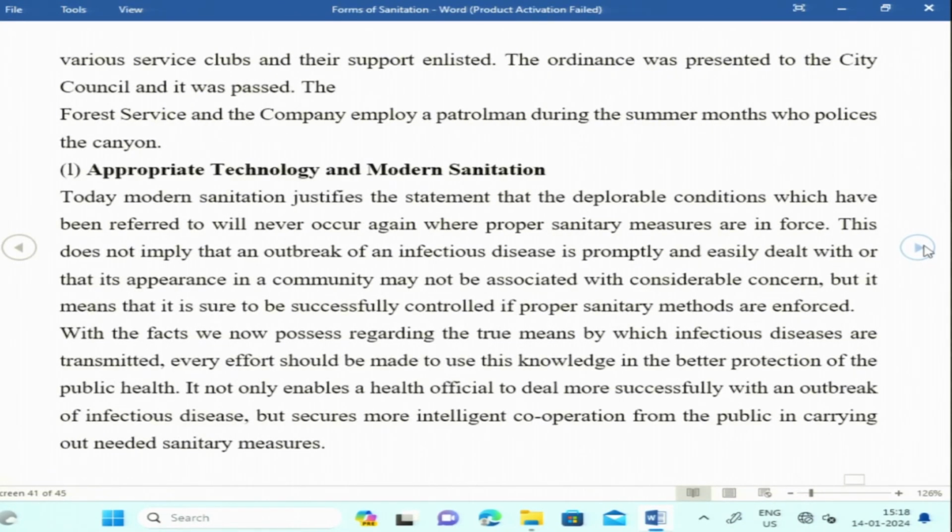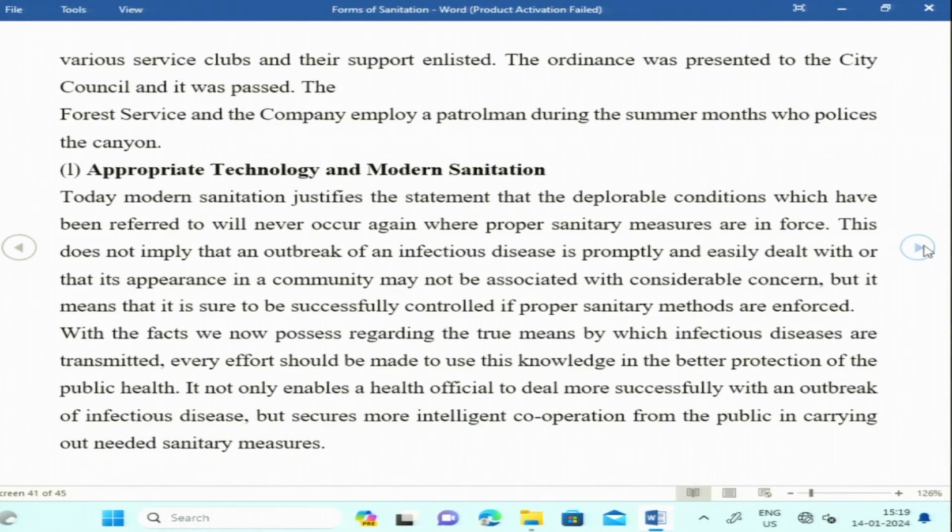And quickly we can speak about appropriate technology and modern sanitation. That is where we have to see that, since we are moving towards a scientific era, our concern is more about how appropriate technology and modern sanitation can go together.